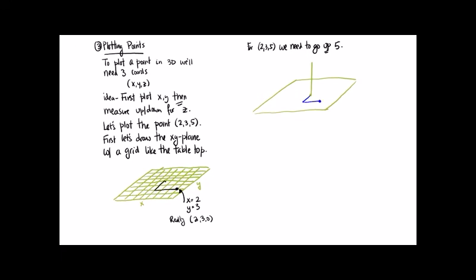So now here's the thing. I need to get some sort of scale on the z-axis. So 5 units, I might say my tick marks maybe are 1, 2, 3, 4, 5. So it might be tempting to go straight up to right here. But that actually doesn't really work, because if you think about it, there's a sense of perspective going on.